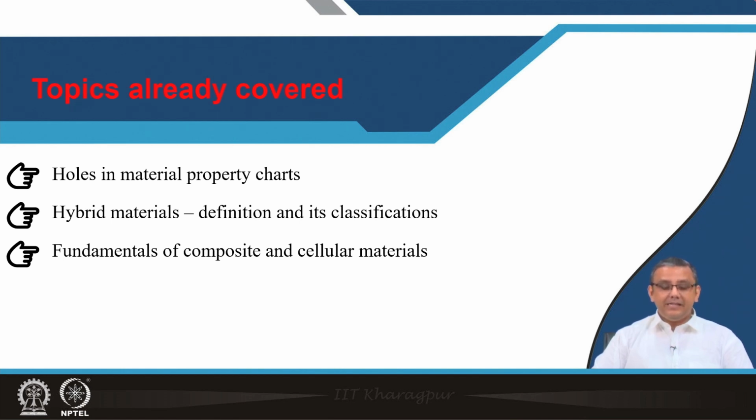As a result of this, we develop hybrid materials. The hybrid materials can again be composites or cellular solids, and these allow us to achieve properties and domains which are not possible with conventional bulk materials.